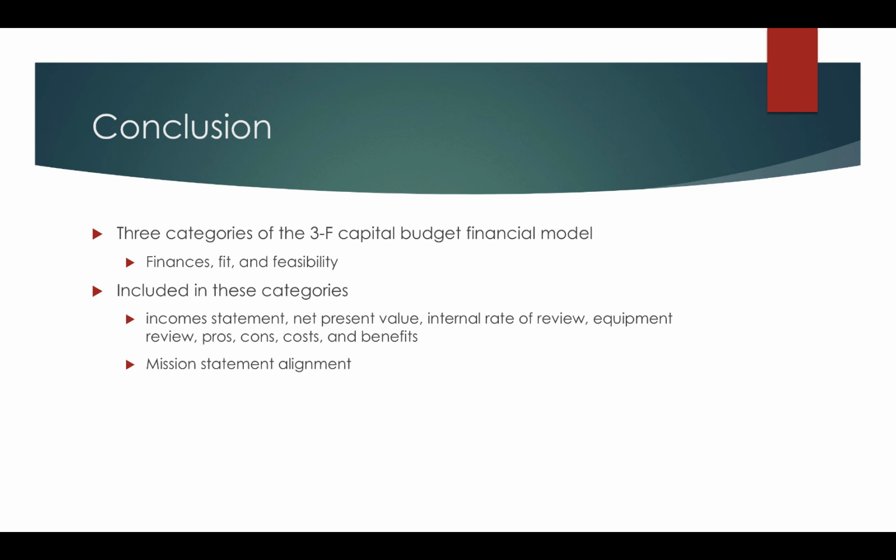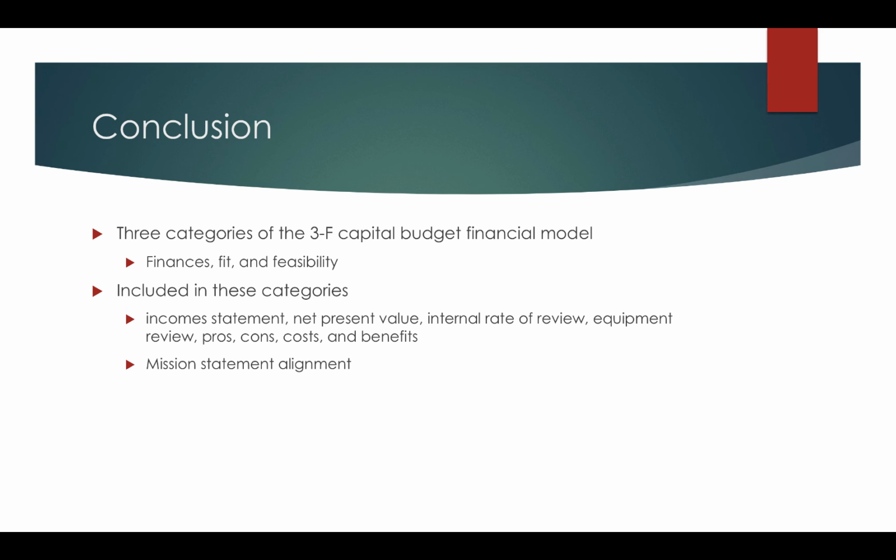In closing, I'd like to highlight some key points presented today. First, there are 3 categories of the capital budget process when utilizing the 3F financial model. Those categories are finances, fit, and feasibility.